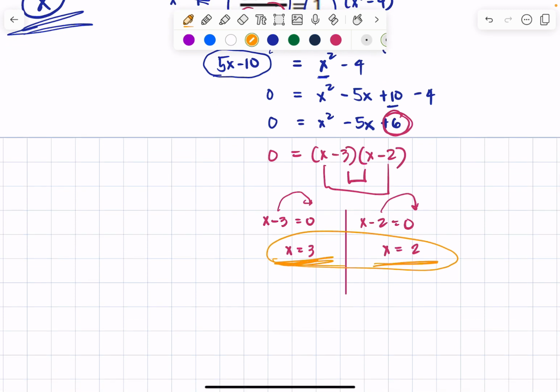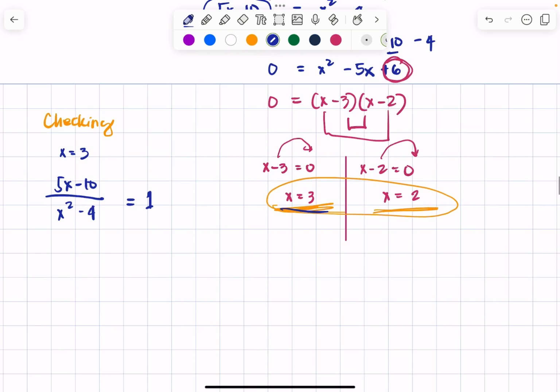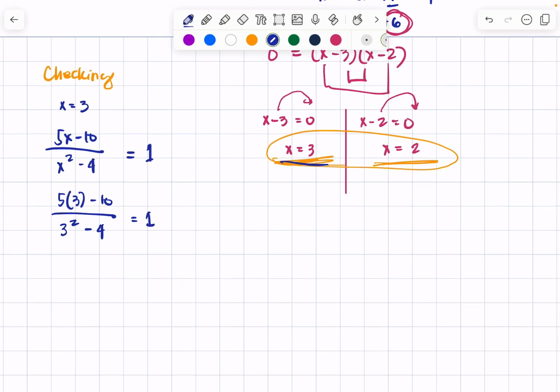So let's have checking. Okay, so x is equal to 3, we substitute it into the original equation. So we will have 5x minus 10 over x squared minus 4 is equal to 1. So we're going to substitute 3 here. So we will have 5 times 3 minus 10 over 3 squared minus 4 is equal to 1. 5 times 3, that will be 15 minus 10.